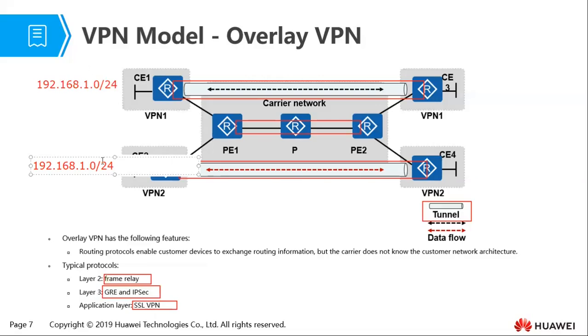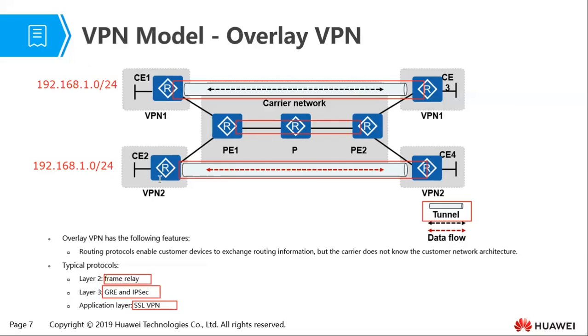So they can use overlapping address spaces. Of course, we also have total security because it's end to end between your own routers. Those are some of the advantages of creating an overlay VPN between CE devices.